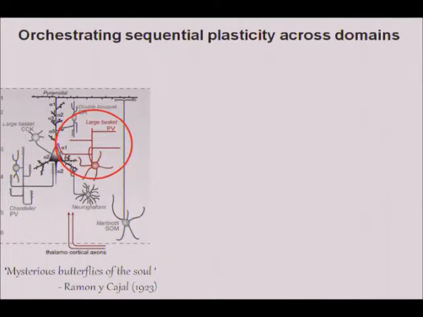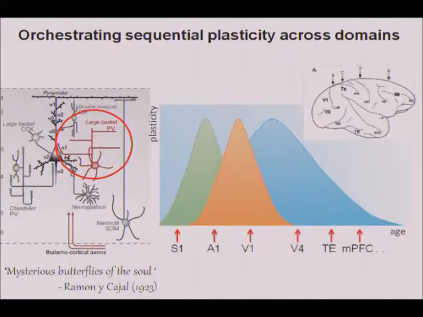If this cell type is triggering one critical period in the visual cortex, maybe it's closely tied to other critical periods. And all you have to do is go into the literature, and lo and behold, you start to see that in primary sensory areas, I told you briefly at the beginning, the mouse auditory critical period starts around postnatal day 12.